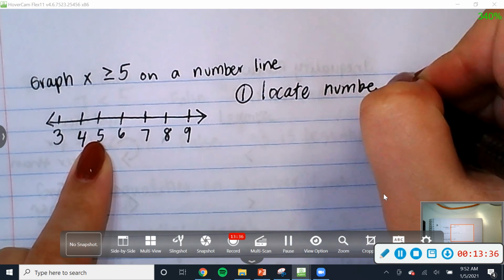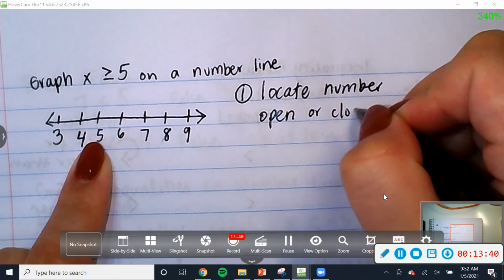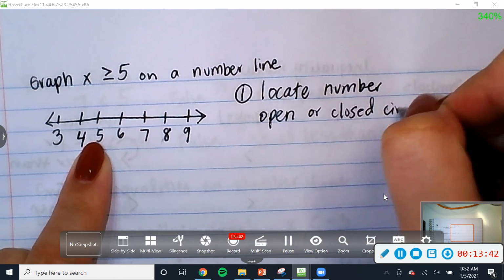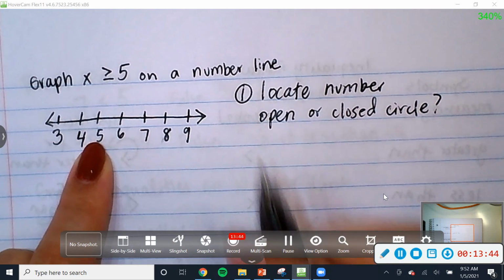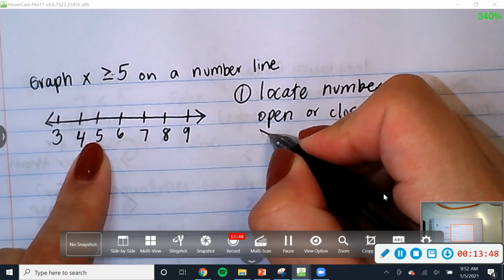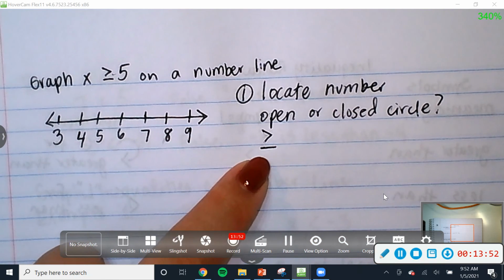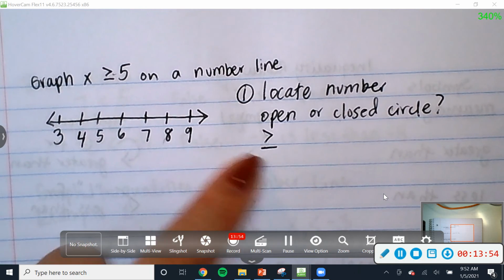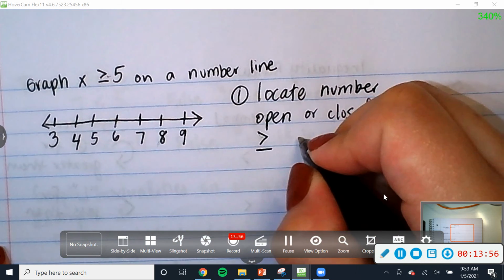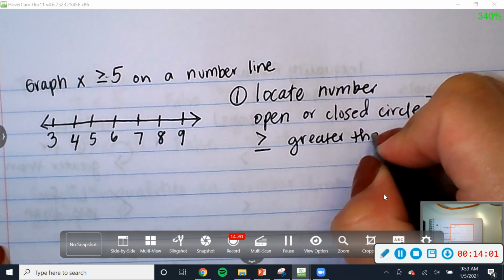Next thing we're going to do is determine open or closed circle. Remember, how we do that is we look at the inequality symbol. So I'm going to write that down here. This is our symbol, right? Because this has the line underneath, the bar, it means that it is greater than or equal to.